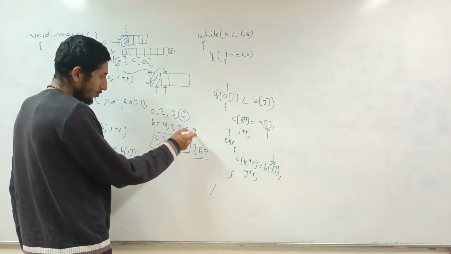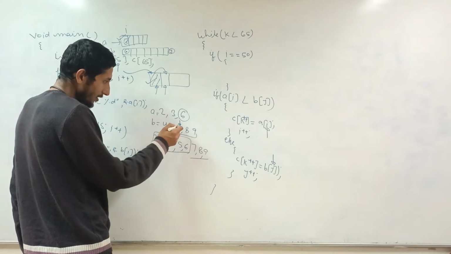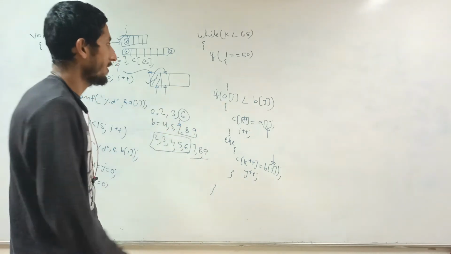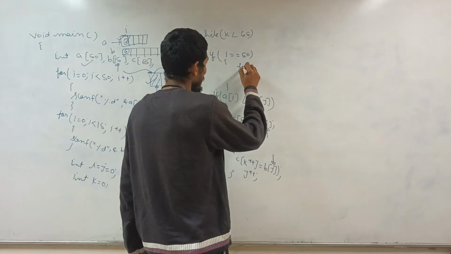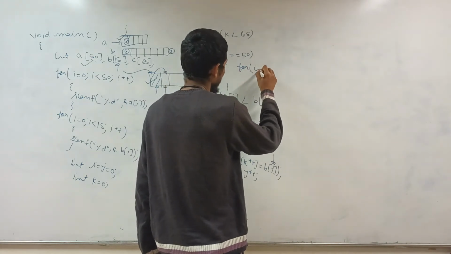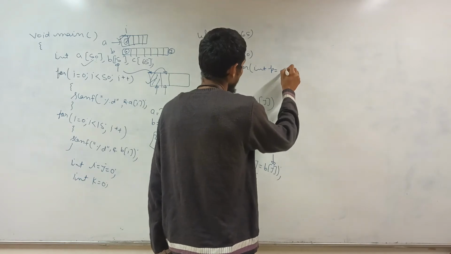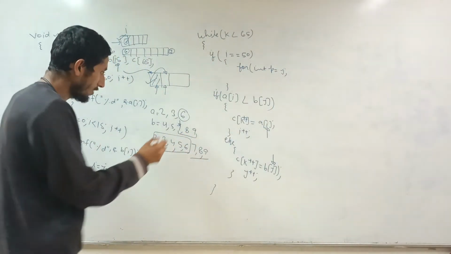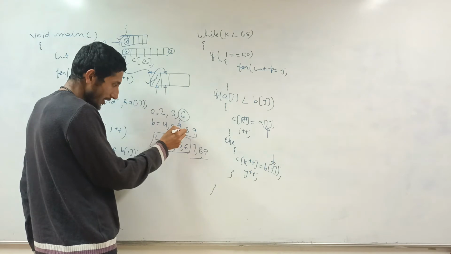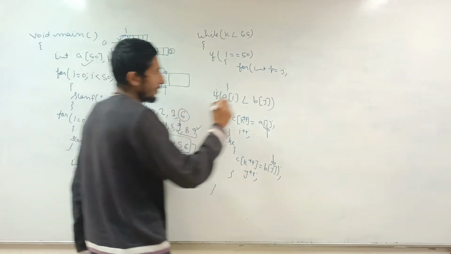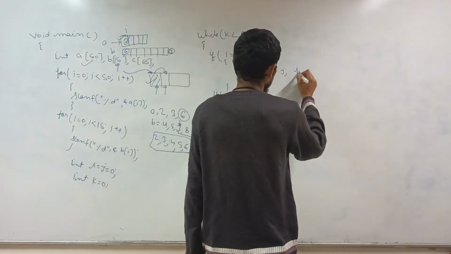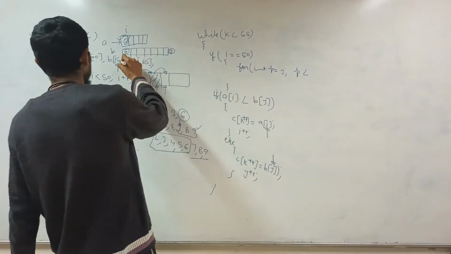So you have to start copying the remaining elements. How can you do that? Let me apply the loop for int p equals j. Why do I start with j? You will start copying the elements until the last. P less than the size of the second array.